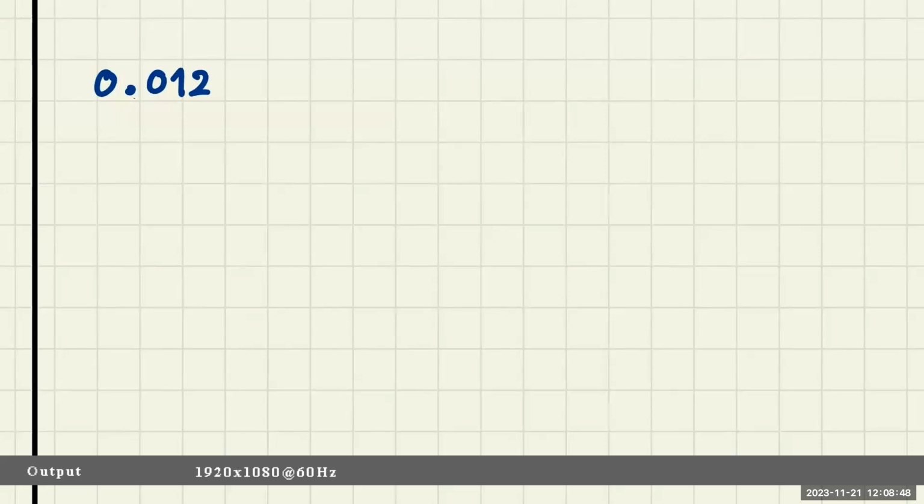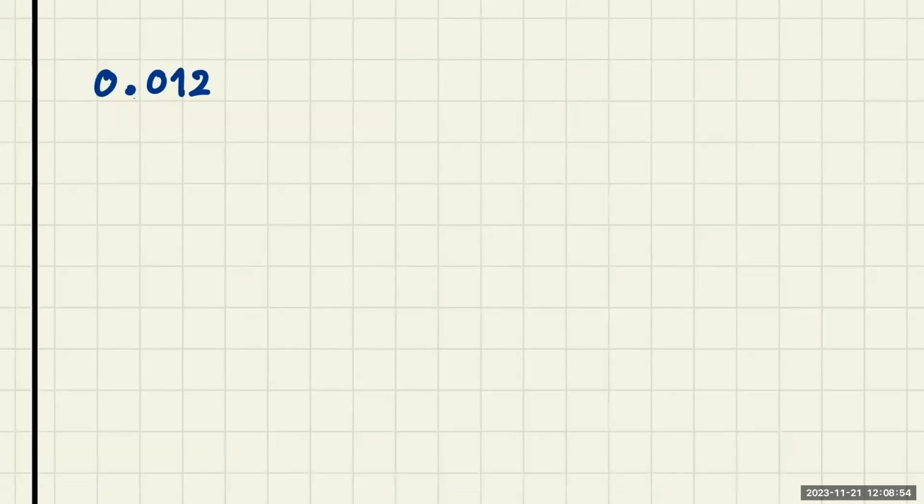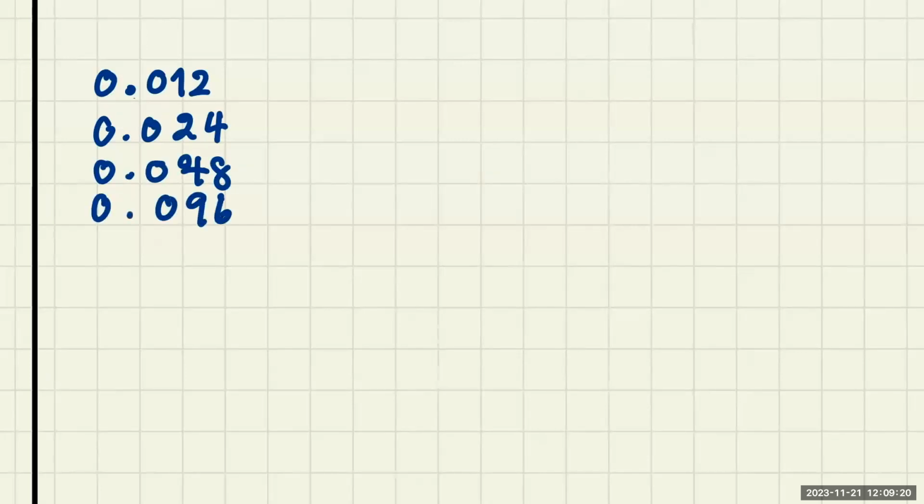So if I want to write this down in terms of IEEE 32 bits, since this one has only the fraction part, I just take 0.012.